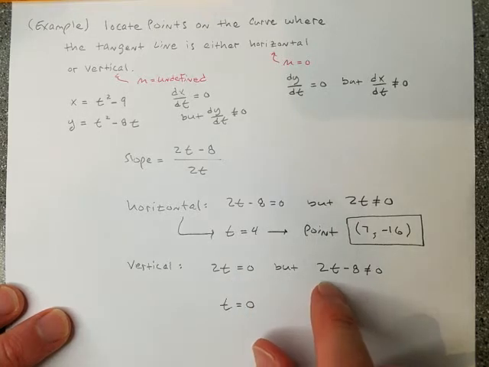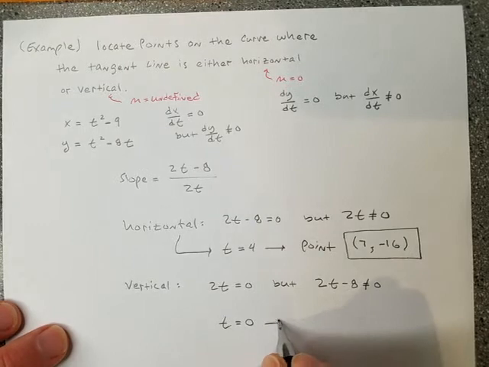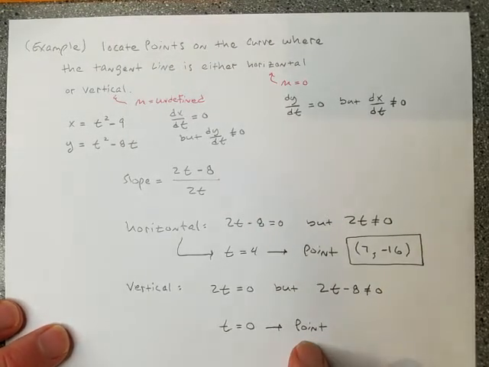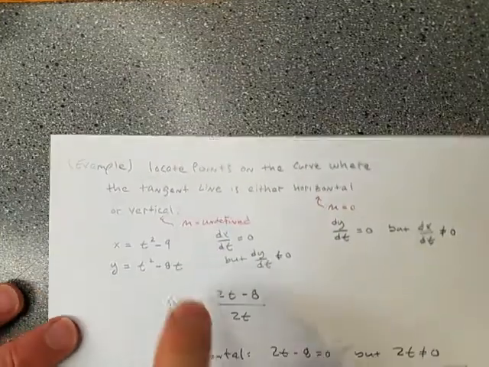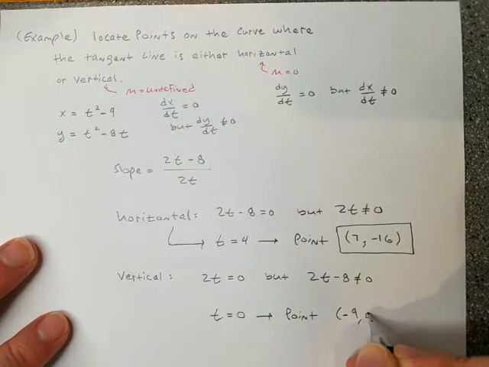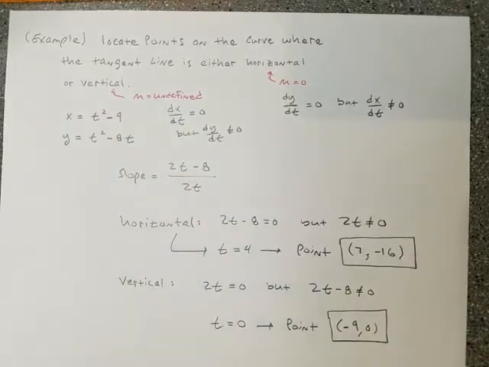Yes. Is this not 0? Yes. So that's the number that works. The point, though, on the curve, this is not the point. The point is negative 9 and 0. That's the place on the curve where it's vertical.